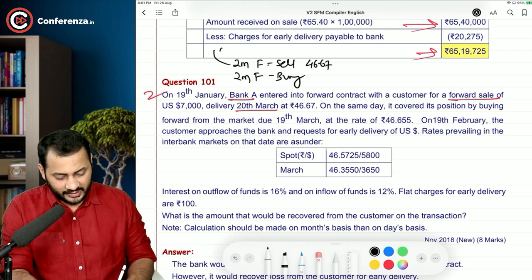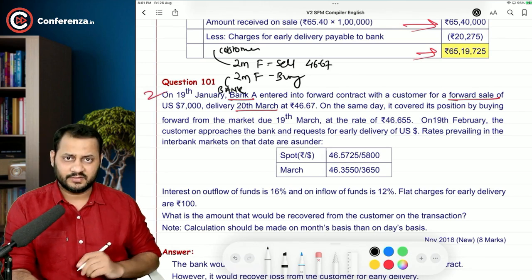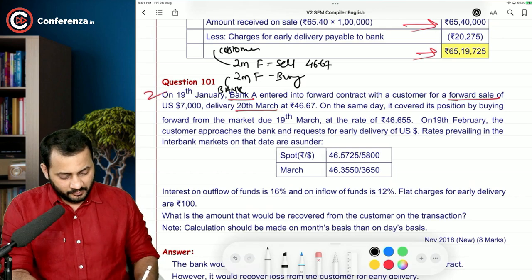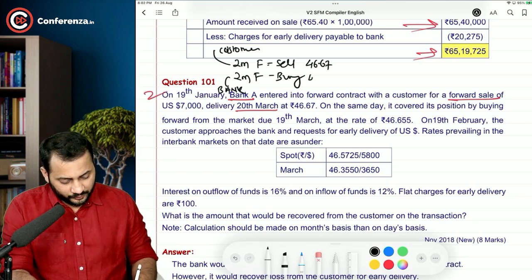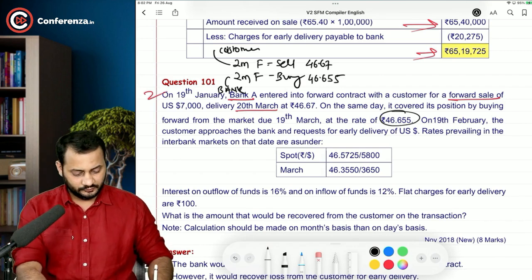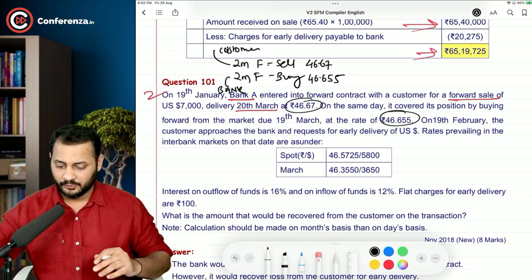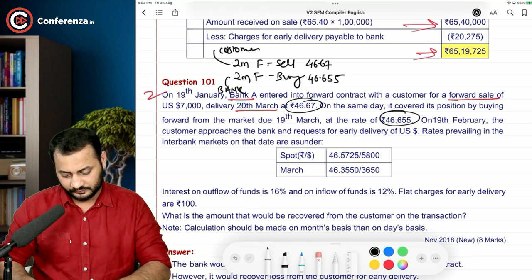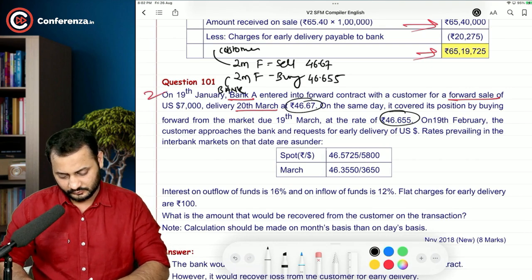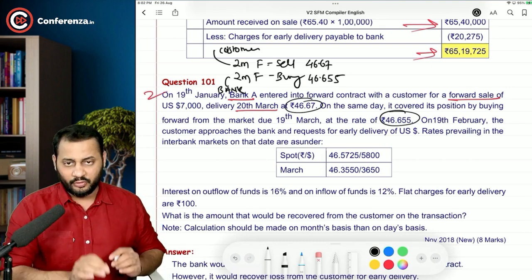This contract the bank made with the customer, and this contract the bank made with another bank. Bank to bank transactions. The bank said that I am going to purchase every dollar at 46.655 and I will sell it at 46.67, resulting in a profit of around 0.015.